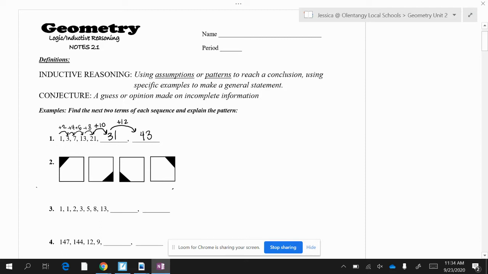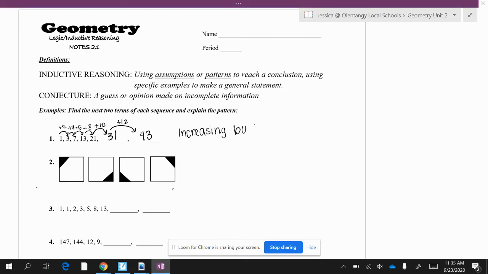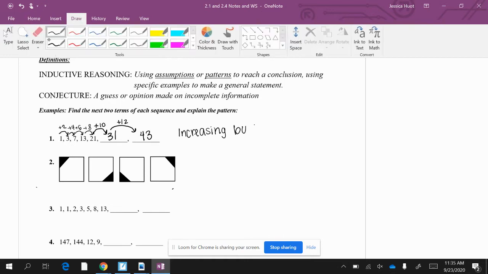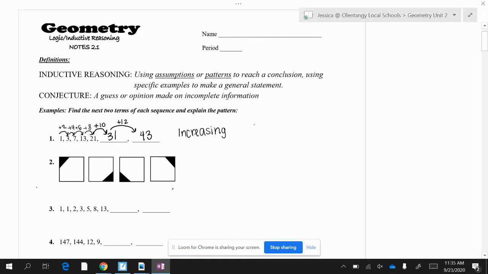And then to explain it, here we are increasing by successive even numbers.